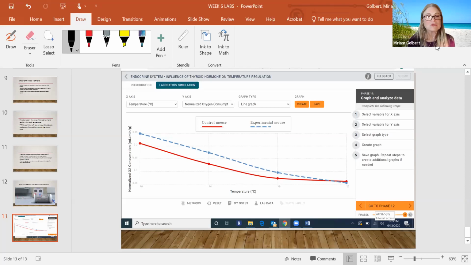And they're going to ask you what to put on the X and what to put on the Y. If you get it wrong, they will tell you, no, this is where you have to put it. And then you just click create and you get your little graph. So I suggest that you screenshot the graph or take it from my pre-lab when you study for the exam, because like that, you're going to have that little graph, and you know I like graphs.